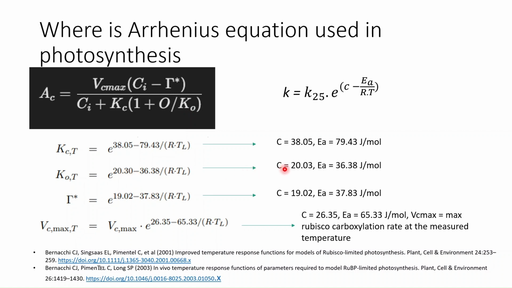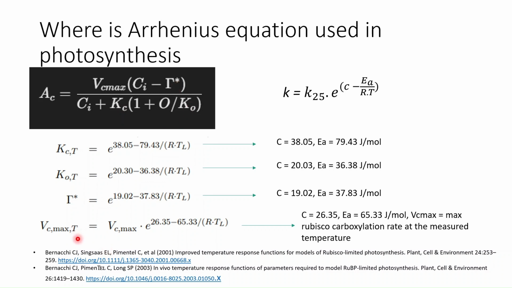Here the scaling parameter is 20.3 and activation energy is 36.38. When it comes to the condensation point, which is another term in the Rubisco carboxylation limited photosynthesis, the scaling parameter is 19.02 and activation energy is 37.83. So in this equation, we were able to find out Kc, Ko and tau star, or condensation point.